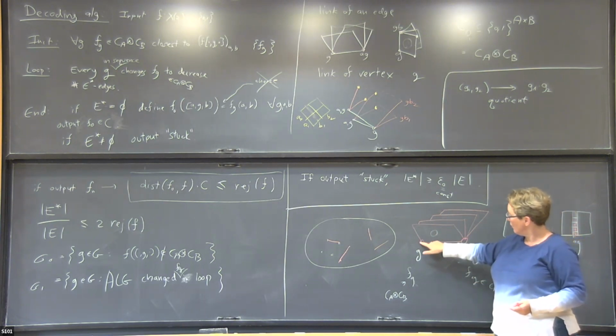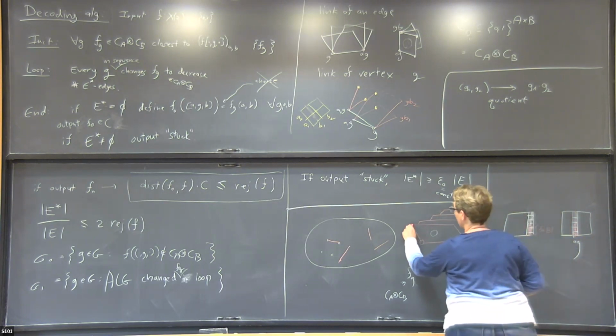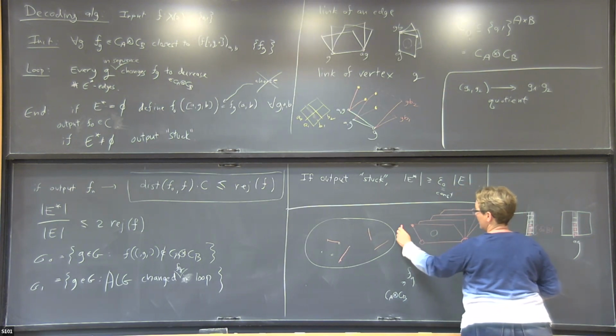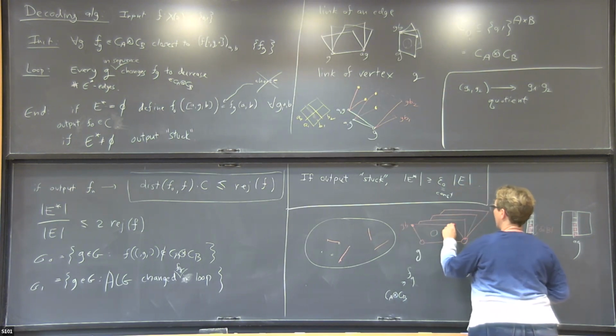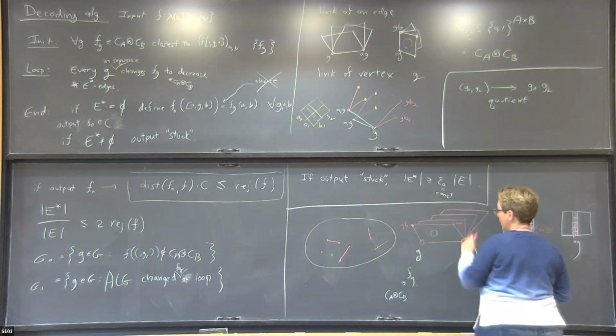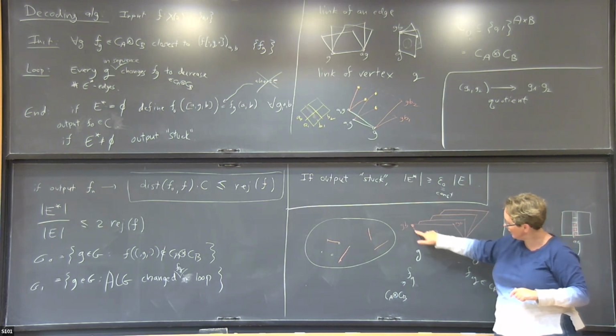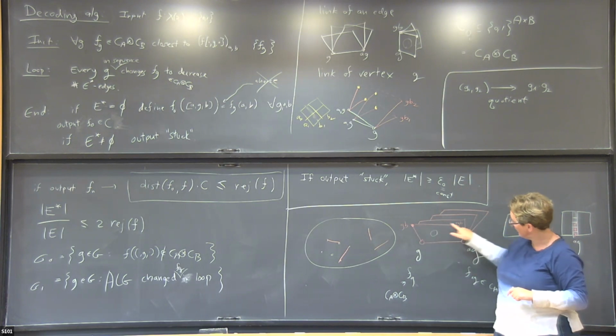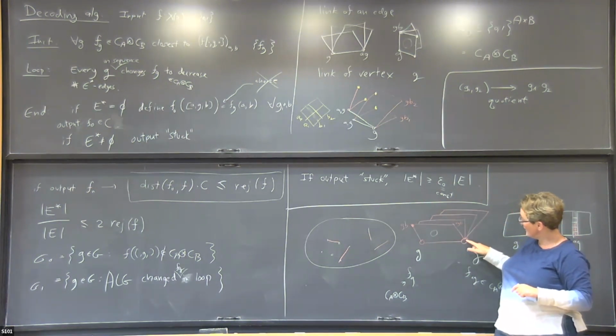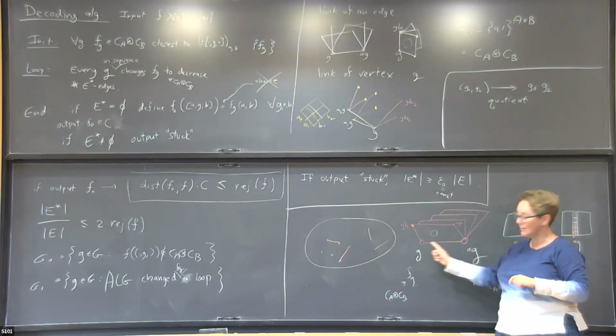Okay. What about this guy? What does he think? So this guy is, I guess, G times B, and this guy is maybe A times G times B. So I'm saying that either this edge is an edge in dispute, or this edge, because they cannot all agree, since these guys disagree.